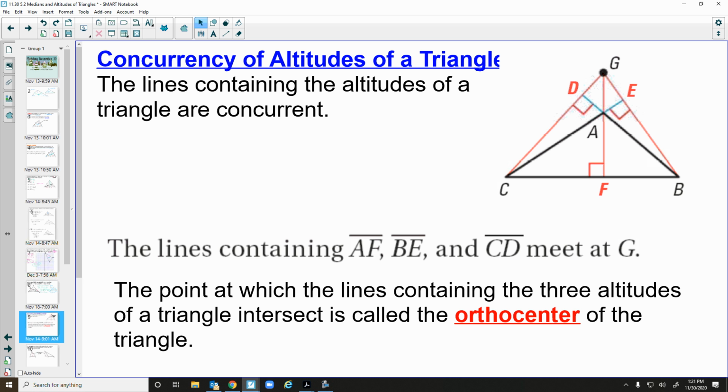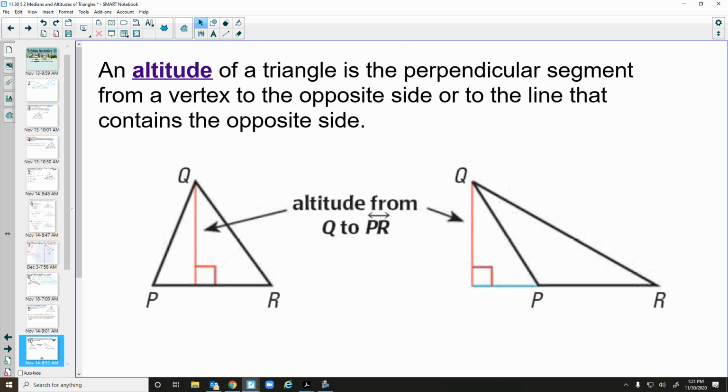So with our orthocenter being made out of altitudes, what's going to be tricky, so I'm actually going to go to the next page just for a minute. If you remember an altitude, altitudes are the height of a triangle. They go from the vertex to the opposite side, but they have to be a perpendicular segment.